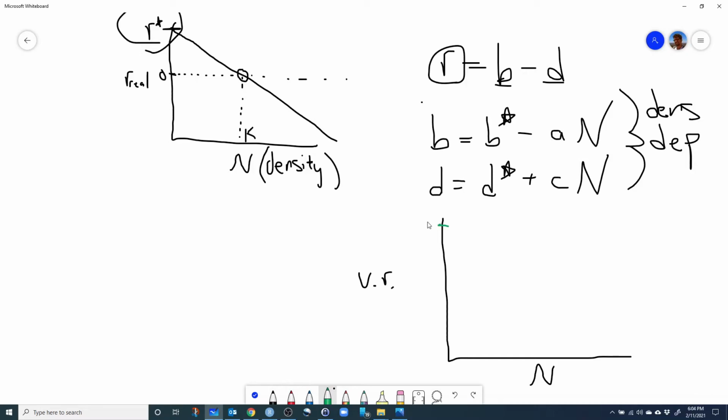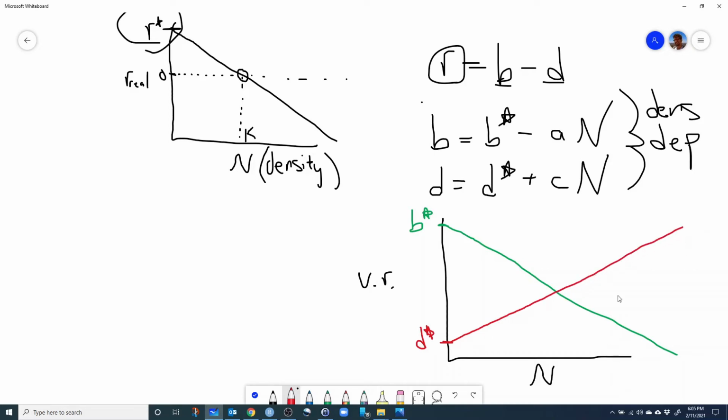We'll start off at an optimal birth rate, I'll call it B star up here, and the birth rate's going to decline with density, like that. And the death rate I will make in red, and we'll start off at a minimal optimal death rate that is quite low. There we go. And we'll increase with density.